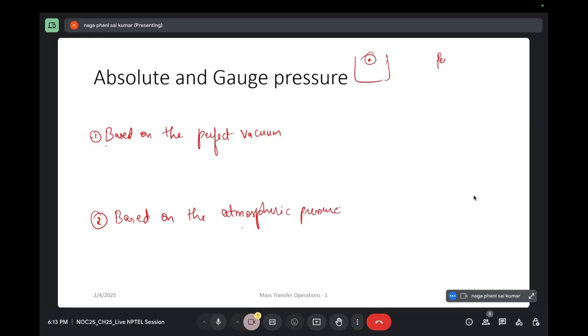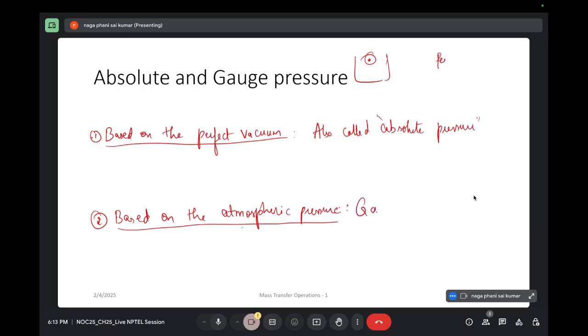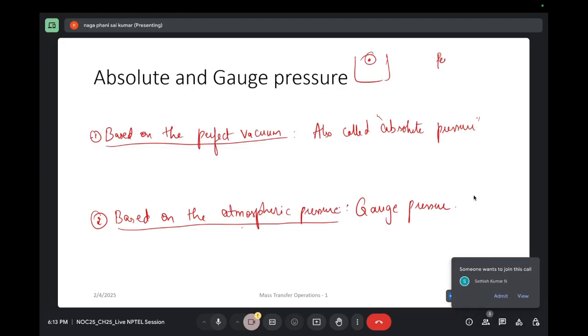If you measure it in terms of perfect vacuum, then it is called absolute pressure. In the second case, when you express it in terms of atmospheric pressure, it is called gauge pressure.